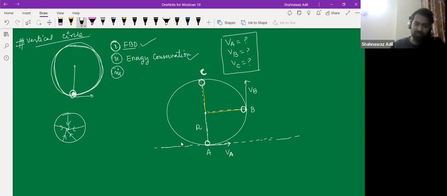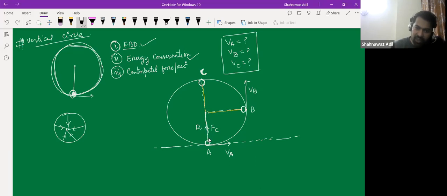So centripetal force or acceleration. Okay, so centripetal force will act towards the center. So one force which is acting is the centripetal force.